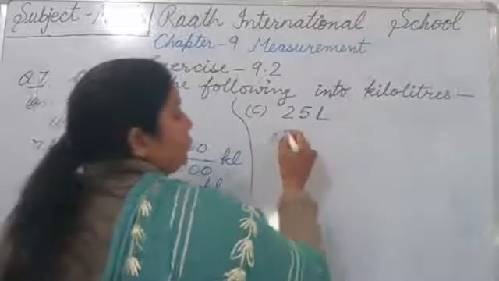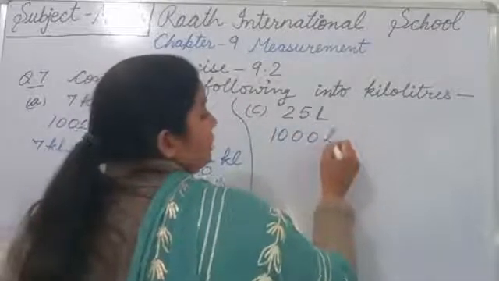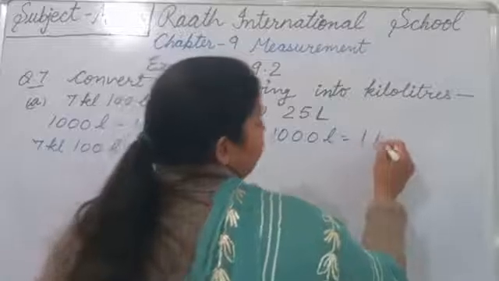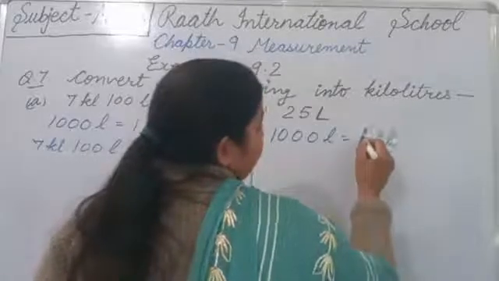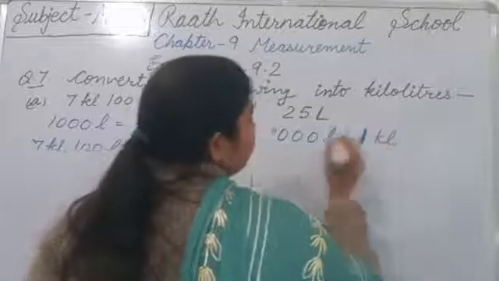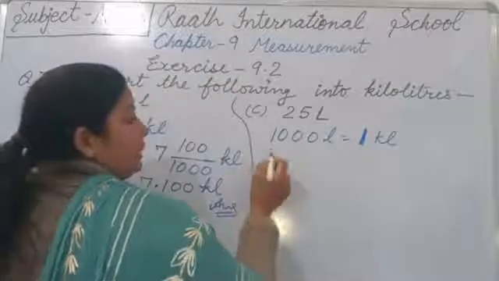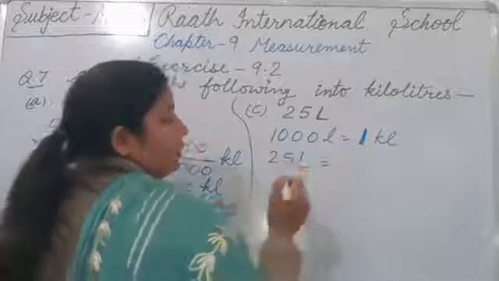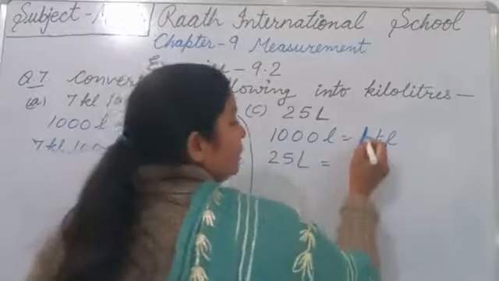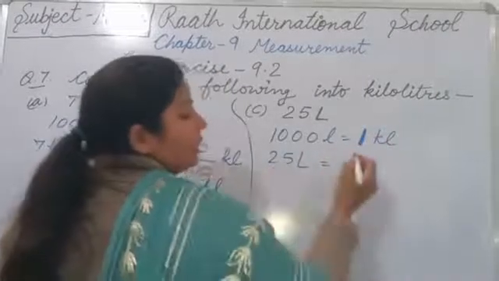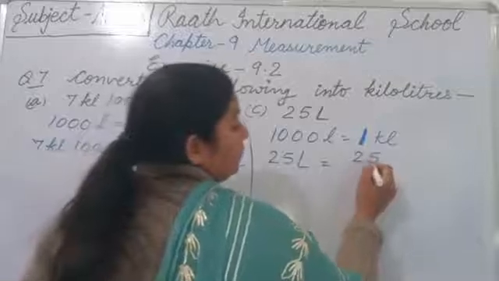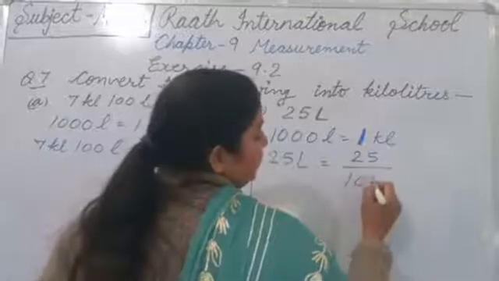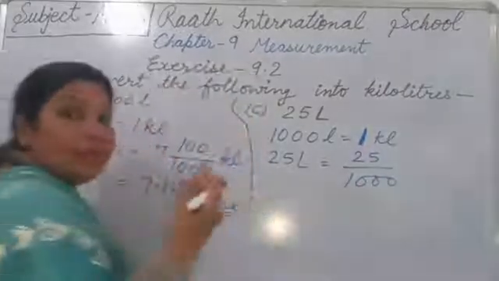So as we know 1000 liter equals 1 kiloliter. Now here is given 25 liter. For converting this liter into kiloliter, we will do divided by 1000. So 25 upon 1000. Now we change it into decimal form.